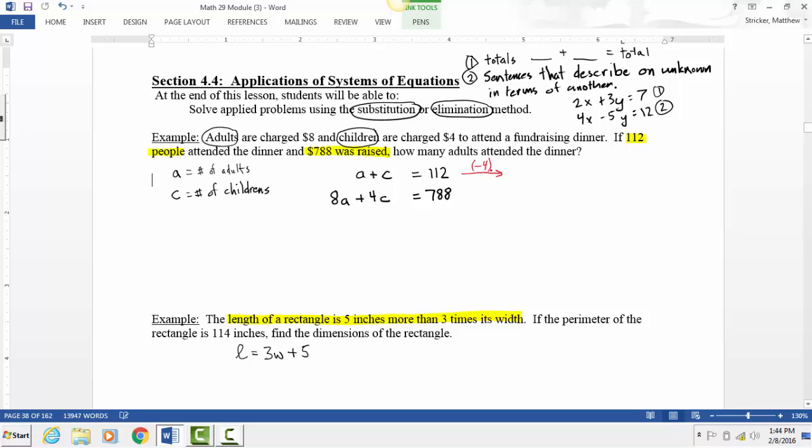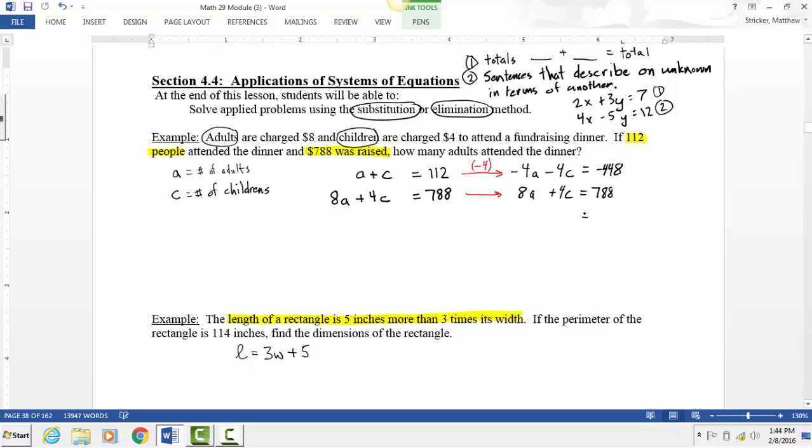If I multiplied the top equation by negative 4, I would get negative 4a minus 4c, and then 4 times 112, what's that going to be? That's going to be negative 448. In the bottom equation, we don't need to change. We can just leave it as is. So 8a plus 4c equals 788. And then we go ahead and add the equations.